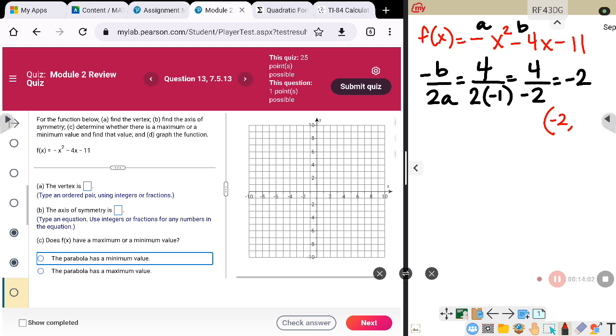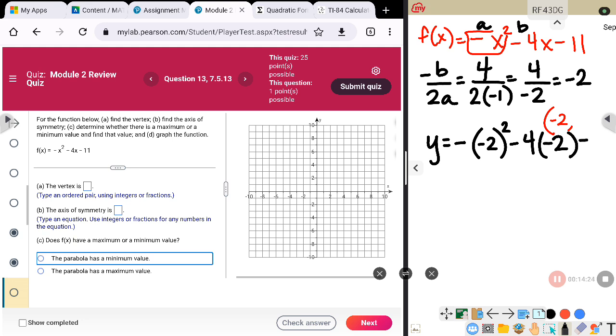To find the y, I'm going to replace the x's in my function with that negative 2. Be careful here because you have the negative, and then you're replacing the x with negative 2 squared minus 4 times negative 2 minus 11.